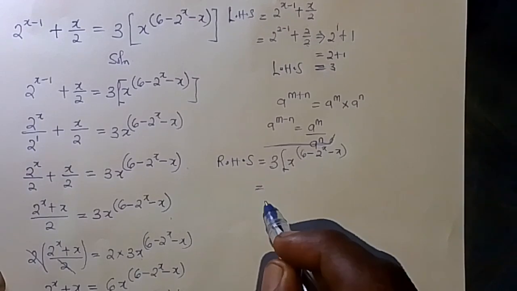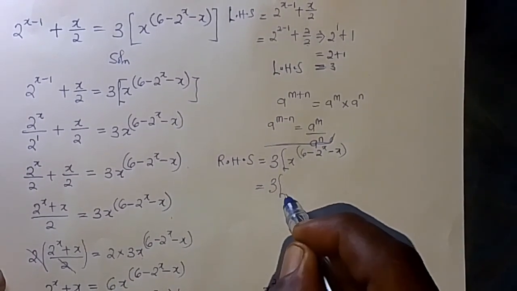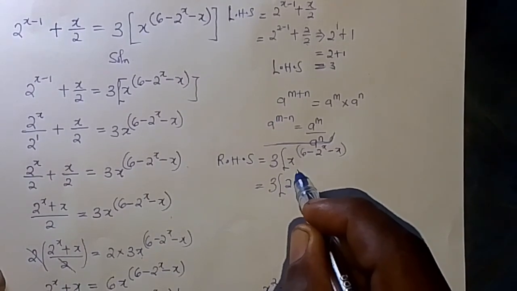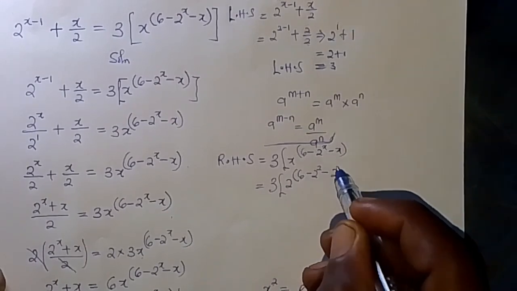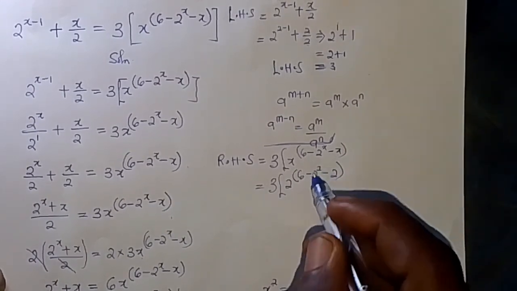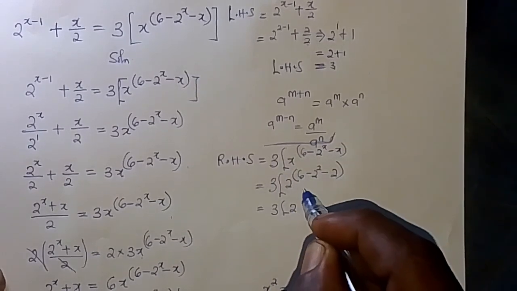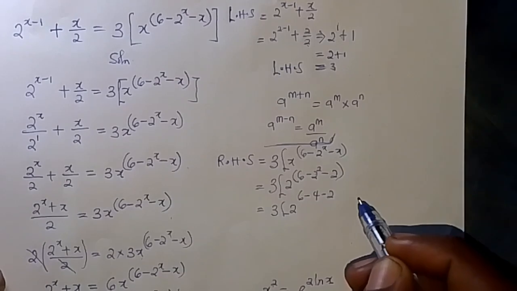So we have to substitute for the value of x, which is 2. Then we are having 3 multiplied by 2 for the value of x. We are now substituting 2 to the power of 6 minus 2 to the power of 2 minus 2. So 2 to the power of 2 is 4. So we can write this to be 3 multiplied by 2 to the power of 6 minus 4 minus 2.